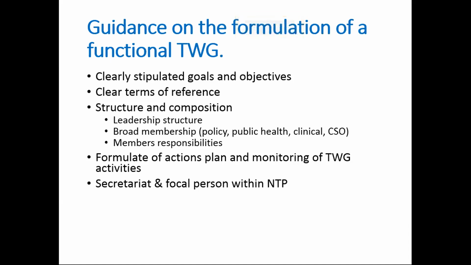And it should also have clearly stipulated membership responsibilities. The working group should have clearly formulated action plans and how these are going to be implemented. And it should also have plans for monitoring the activities of the working group. And that's where the benchmarking tool that I mentioned could be clearly handy in monitoring these activities.